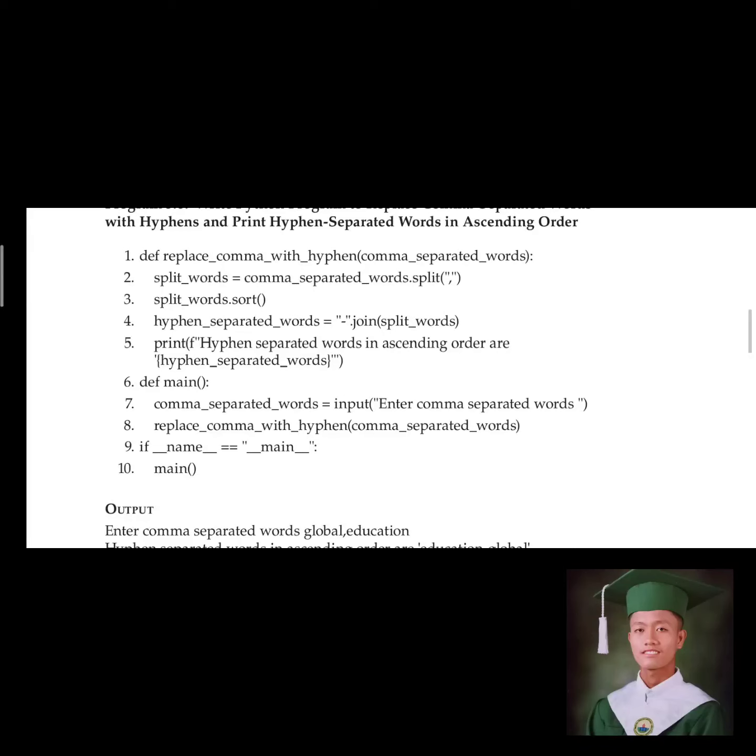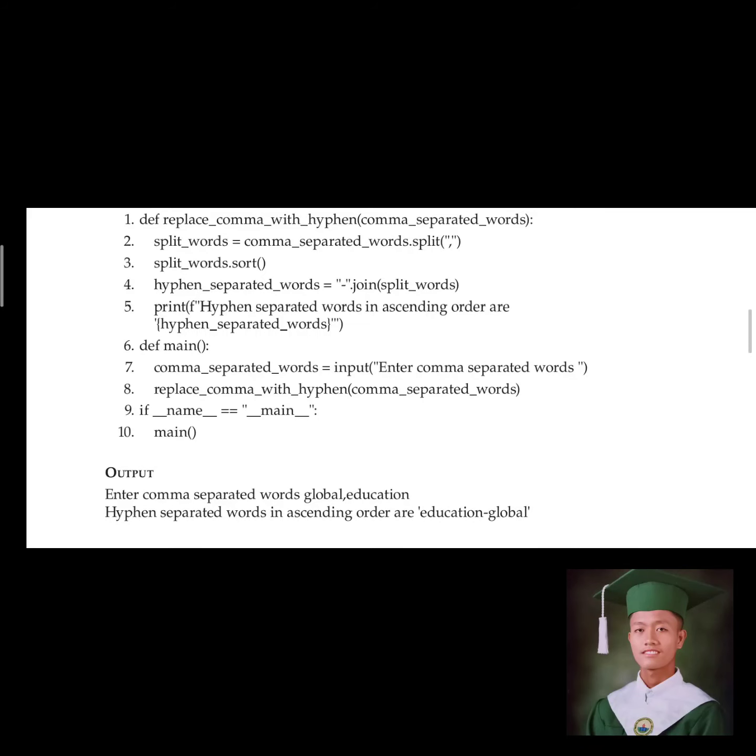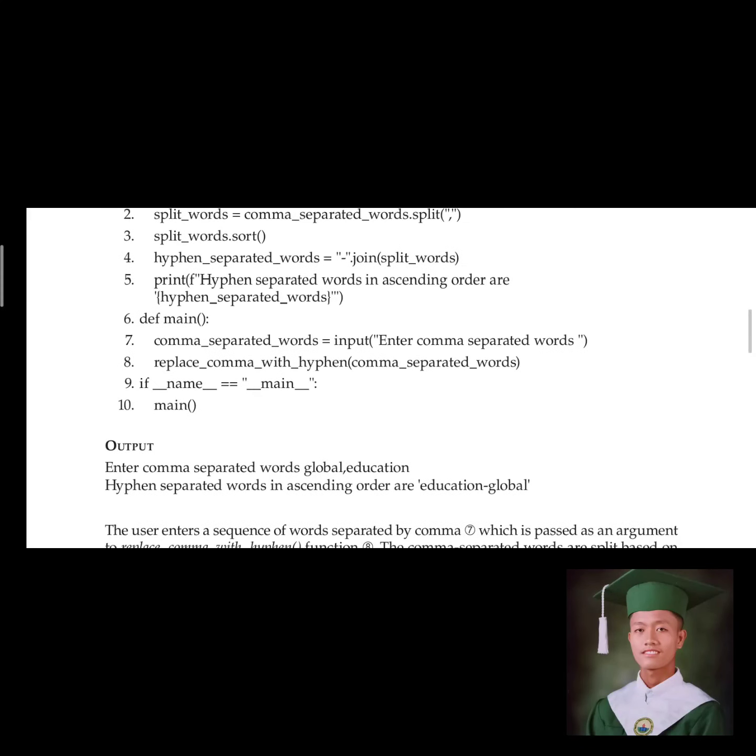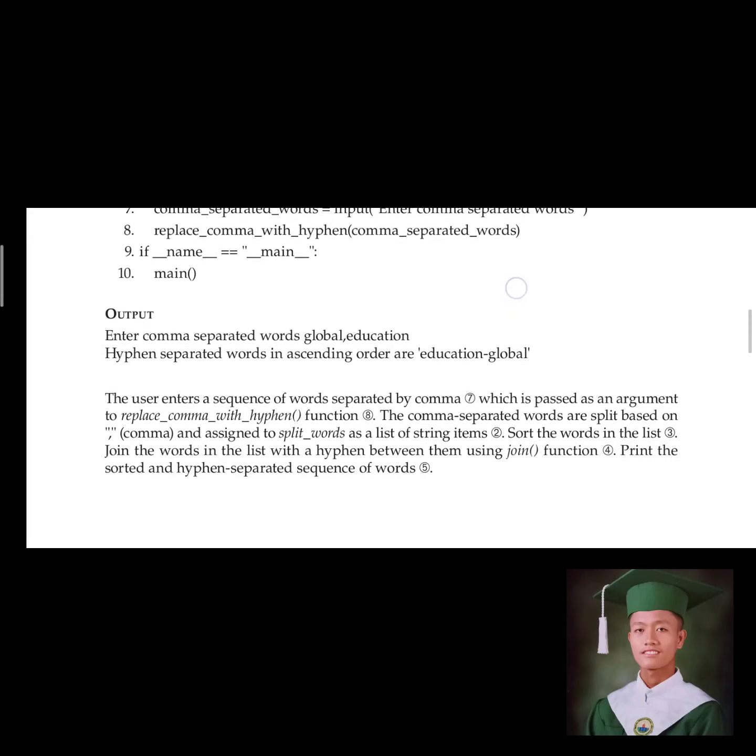Def main. Comma_separated_words equals input, enter comma separated words. Replace_comma_with_hyphen(comma_separated_words). If name equals main. Output: enter comma separated words: global, education.